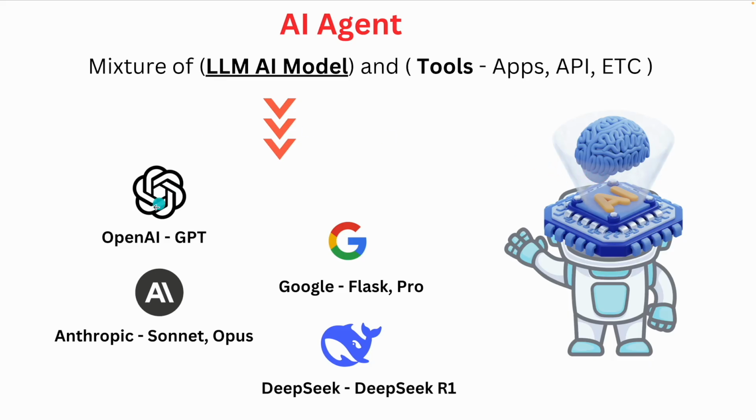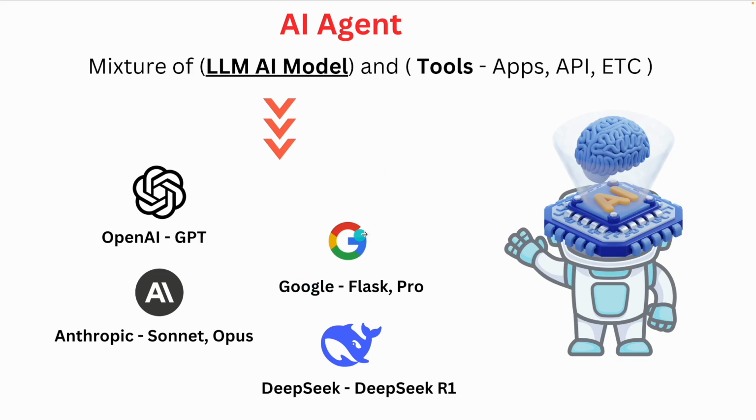OpenAI is one company that has created its own AI brain. Just understand that an LLM AI model is nothing but a brain created by big companies, very powerful and smart.